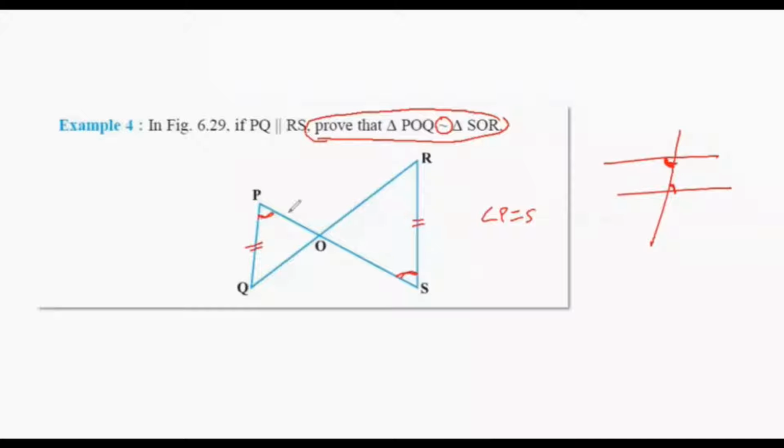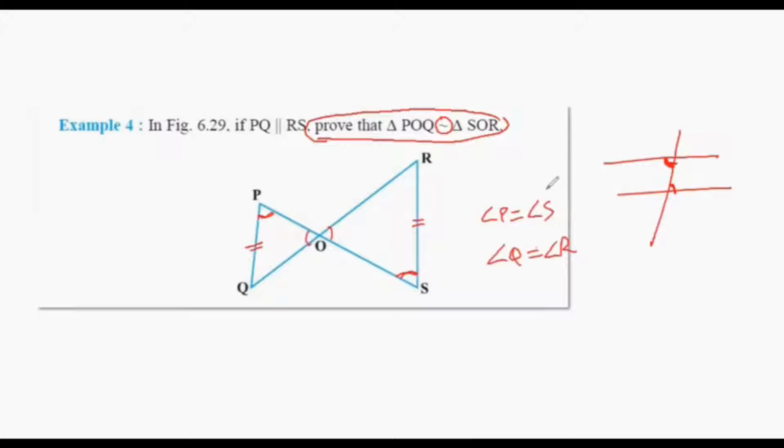Also the second pair, angle Q is equal to angle R. What about the third angle? Angle POQ. Yes, they are also equal, because they are opposite angles.